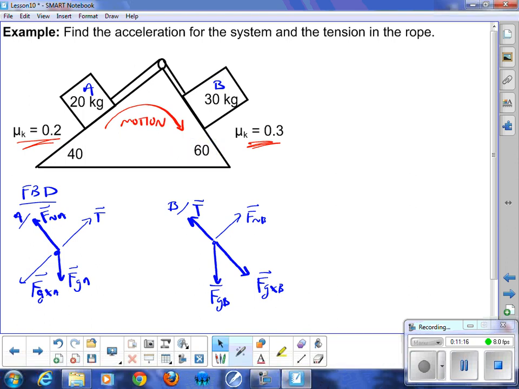So there is my motion, which means that, and I'll just change the color, for the 20 kilogram free body diagram, my force due to friction will be pointing in that direction for object A, and my force due to friction will be pointing in that direction for object B. So there we are. That is what the final free body diagrams look like.